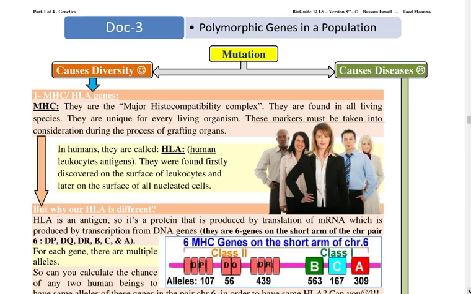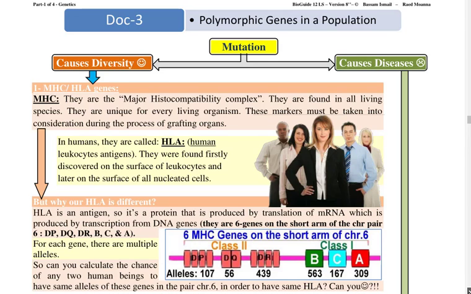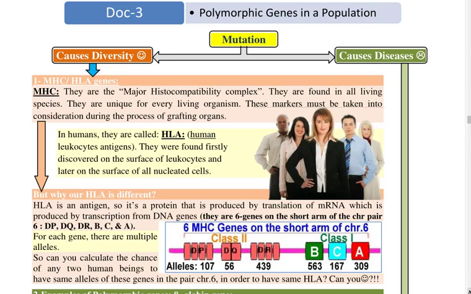Okay, so this can lead to polymorphism. Mutation can lead to polymorphism, causing diversity, like in the case of HLA proteins, or what we call the MHC, which are coded by 6 genes.